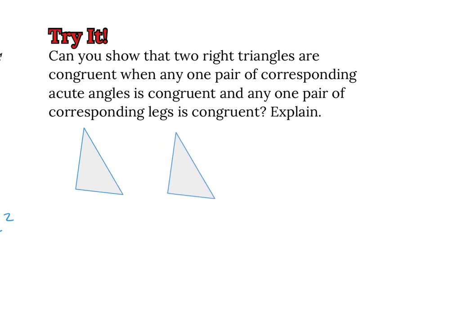Okay, so I've got my two triangles that I'm trying to prove. And they're telling us that any one pair of acute angles is congruent. So I've got acute angle, and any one pair of corresponding legs is congruent. All right, we're assuming that this is a 90-degree, and we have a corresponding leg here.